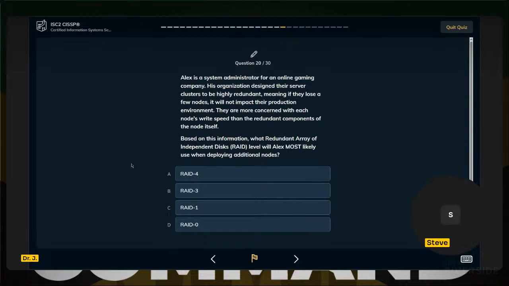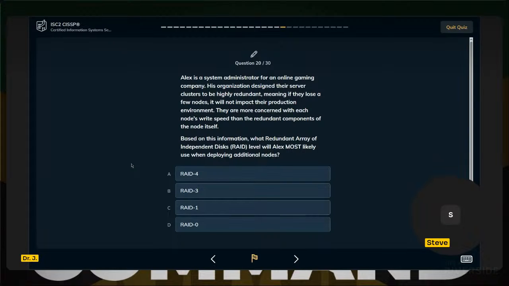Based on information with redundant array of independent disks, what RAID level will Alex most likely use when deploying additional nodes? Oh wow, it's a loaded question here. They said they're more concerned with the write speed than the redundant components of the node itself.